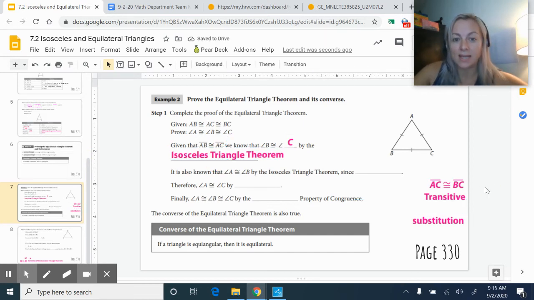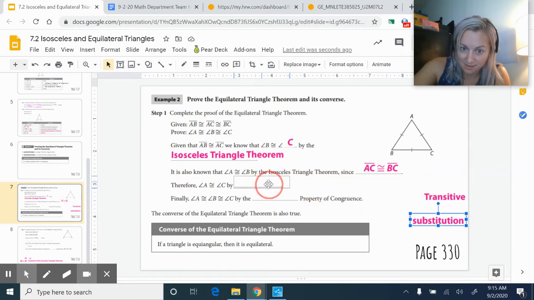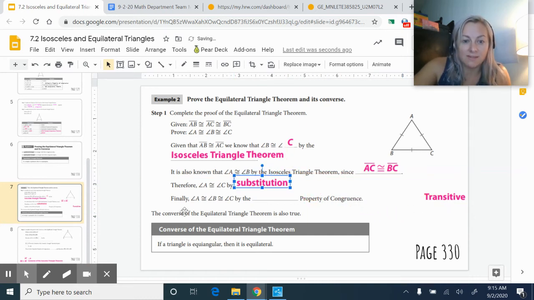It is also known that the measure of angle A and the measure of angle B, by the isosceles triangle theorem, are congruent, since AC is congruent to BC. Therefore, the measure of A is congruent to the measure of C by substitution. Finally, the measure of angle A is congruent to the measure of angle B, which is congruent to the measure of angle C, by the transitive property of congruence.